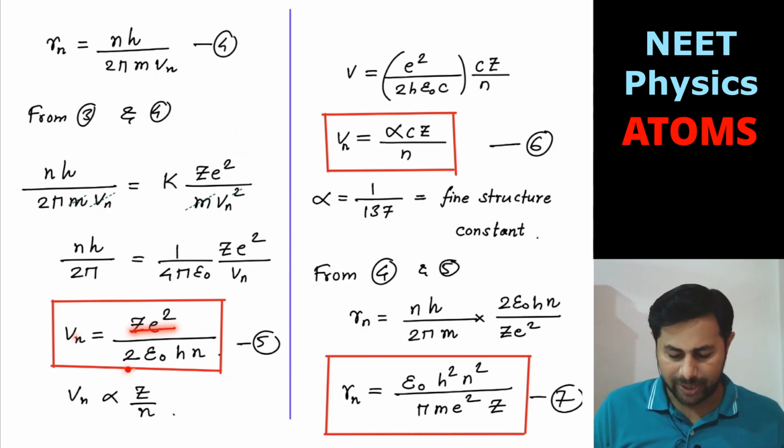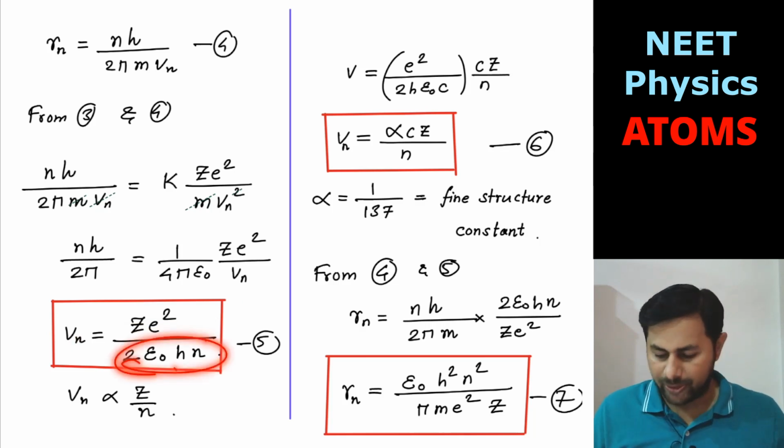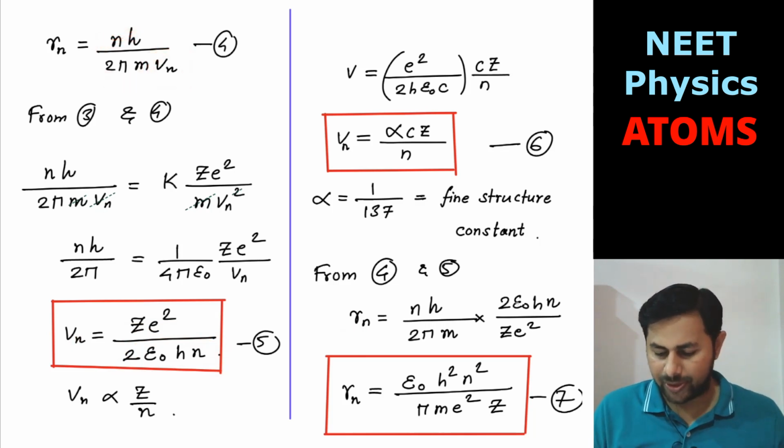Vn is Ze square by 2 times epsilon naught hn. Dividing by that means multiplying by its reciprocal. So Rn is equal to nh divided by 2 pi m, times 2 epsilon naught hn divided by Z square.